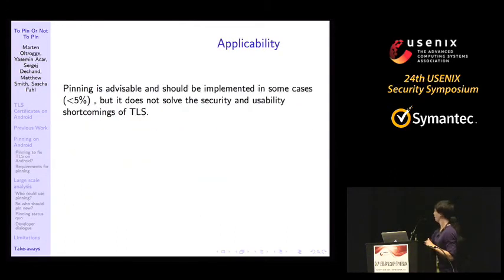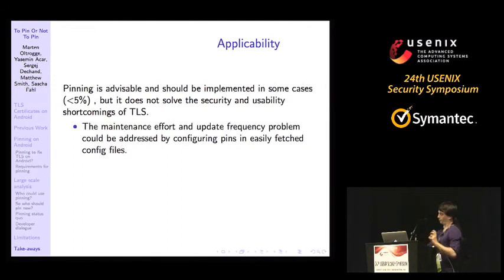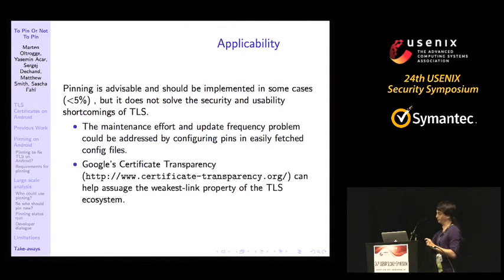As takeaways, we can say pinning is advisable and should be implemented in some cases, but it does not solve the security and usability shortcomings of TLS we have currently. To actually help with the maintenance and update frequency problems, we would recommend, instead of hard coding pins into app binaries, deploying pins via configuration files that can be more easily updated than a whole app.